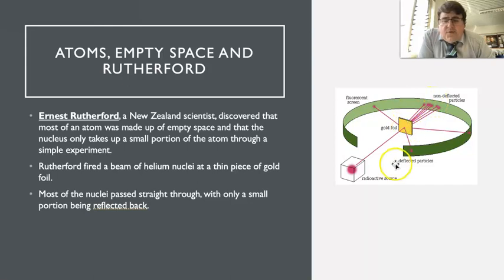With only a small portion hitting the gold foil and coming back around. Now, the foil is important because the foil does actually have pores through it. So all of that flew through, but a few small particles actually deflected across around here, while most went through. And that said to Ernest Rutherford, well, actually most of this has to be empty space because it can pass through the gold foil and there's nothing to be reflected back.